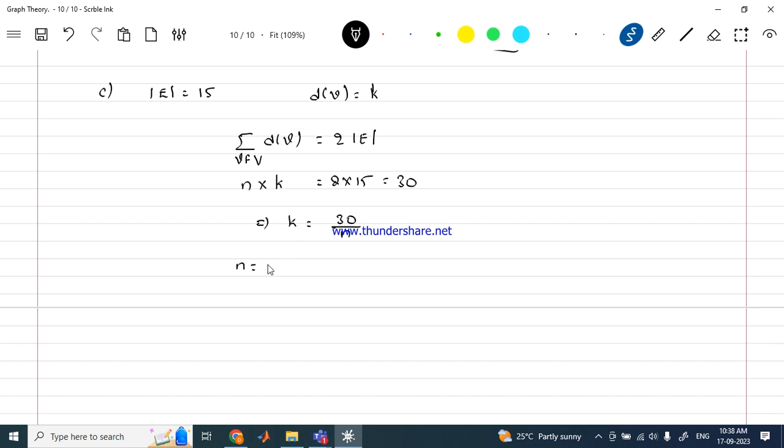You can take n equal to 1, n equal to 2, n equal to 3, 4 is not dividing this number, 5 divides, 6 divides, 7 is not dividing, 8, 9, 10 divides this number, 11, 12, 13, 14, 15 divides this number, and 30 divides this number.